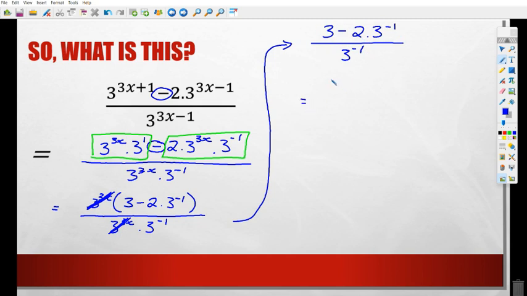So I've got 3 minus 2 times, how can I rewrite 3 to the negative 1? When we had x to the power of negative 1, what did that equal? 1 over x. 5 to the negative 1 is 1 over 5.